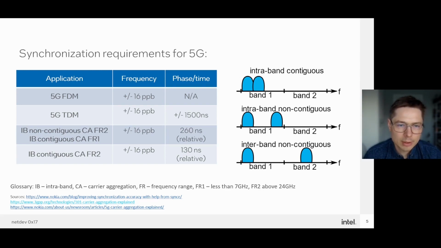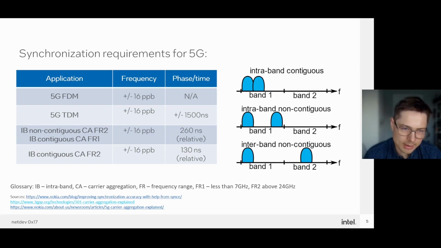And the next generation mobile networks will also be extensively using a technology called carrier aggregation. Very shortly, what is carrier aggregation? Carrier aggregation allows us to use multiple channels in a single connection. When all the channels are contained in a single band, we call it intra-band carrier aggregation.